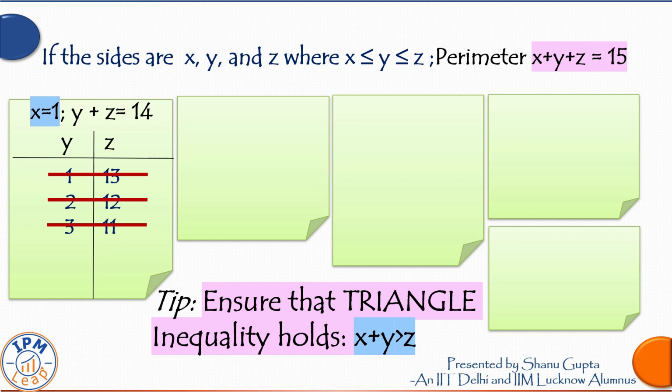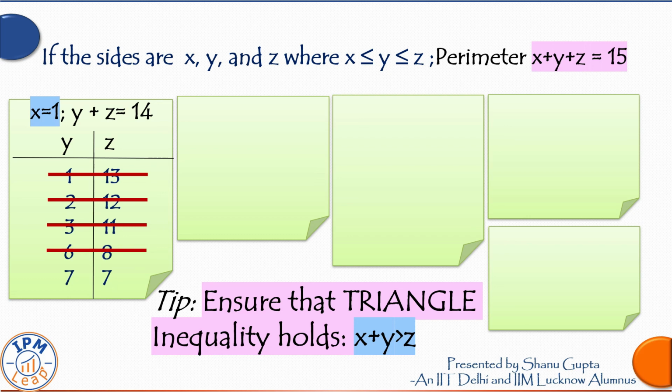Even if we take y is equal to 6, from this equation z calculates to 8. x plus y is still 7, which is less than 8. Triangle inequality does not hold. We reject this combination. It's only when you come to y is equal to 7, z also calculates to 7. In this case, x plus y is greater than z. So this is one possible triangle.